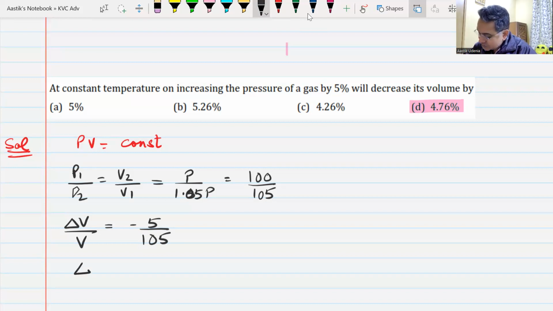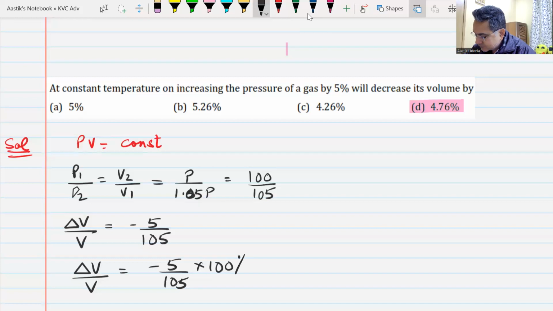So the percentage change will become minus 5 by 105 multiplied by 100%. So the answer that you will have is 4.76%.